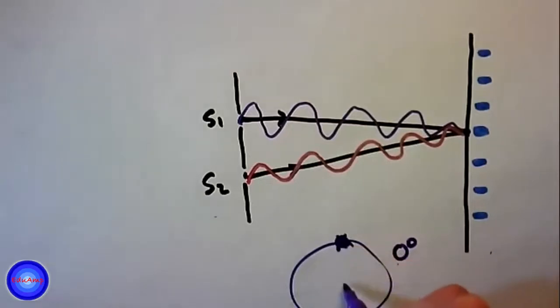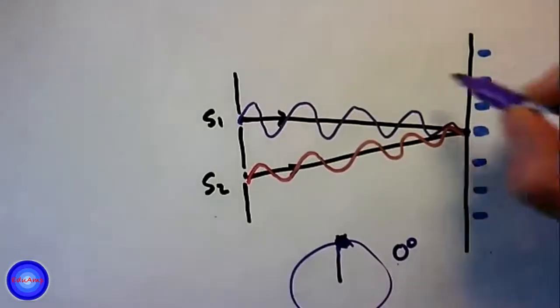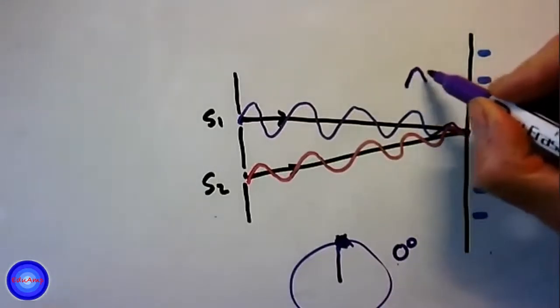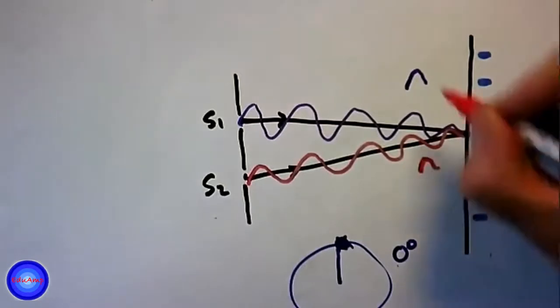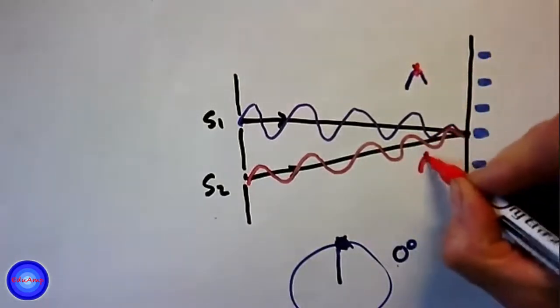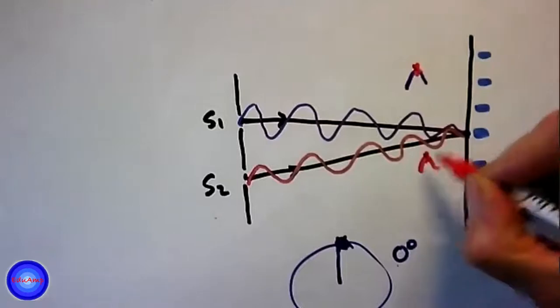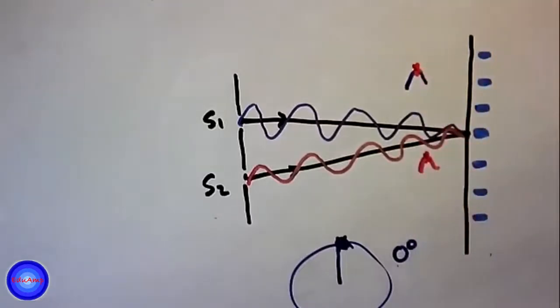Both of them must be at the top point here, with the cycle going round and round. In other words, at that point one wave, the purple wave, must be going up, and I get back to my red pen, which I seem to have lost. Oh no, it's here. The red pen also must be up. Therefore, if they meet at the same point here, at the top, they're in phase.